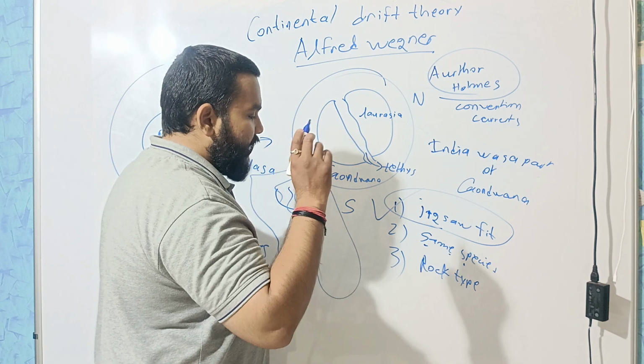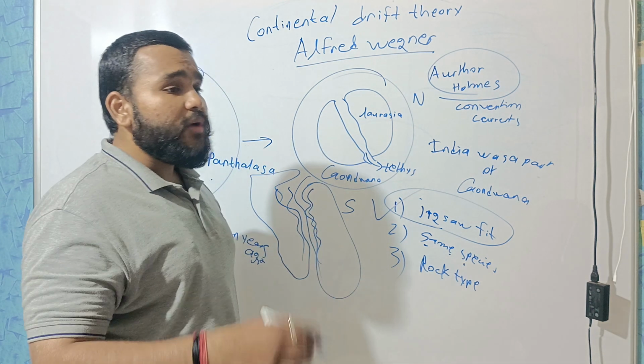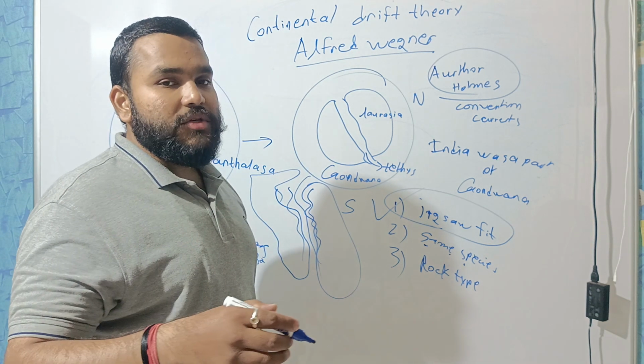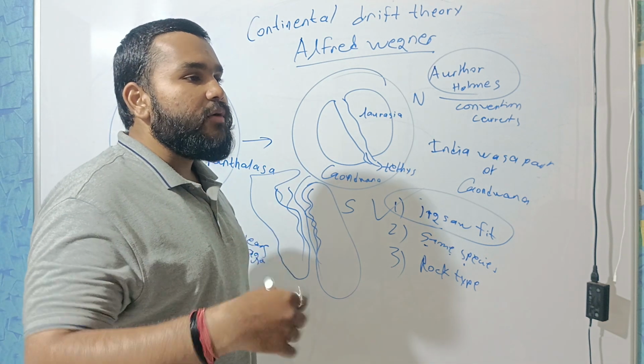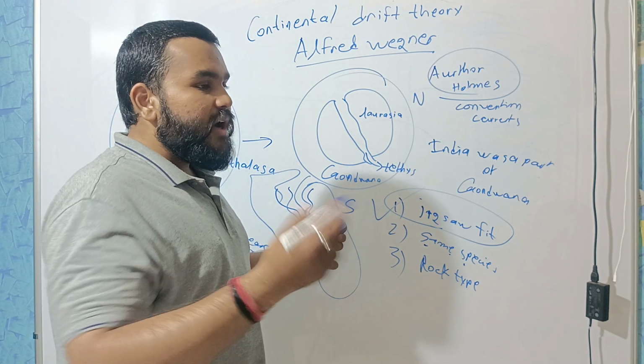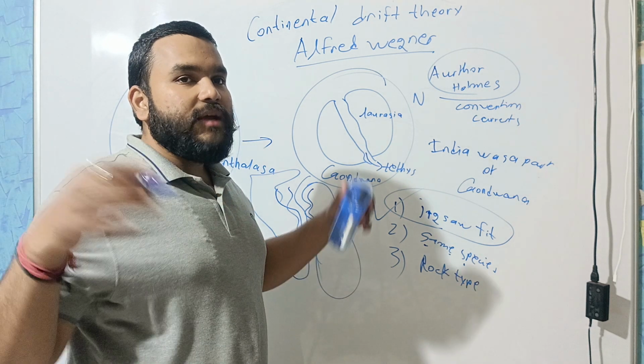Also at the time the dinosaurs were there, the same dinosaurs have been found in both places. Although dinosaurs are not amphibians or aquatic, they survive only on land. But how did they exist in 2 parts at the same time? There has to be some traveling or transportation, but at that time there was nothing.